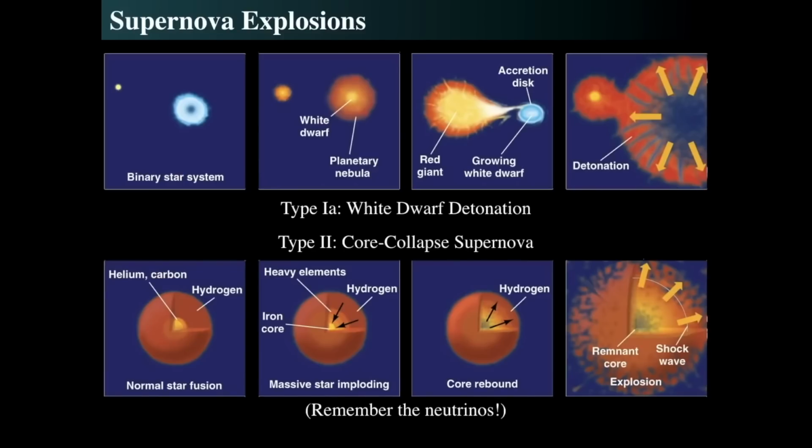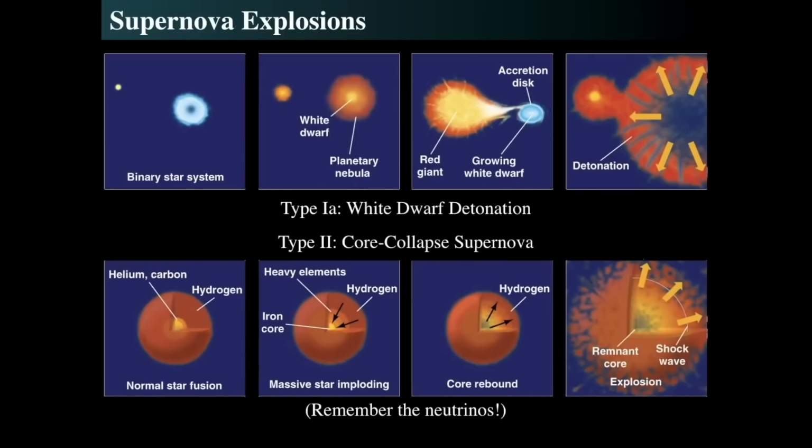One of them turns into a white dwarf in a planetary nebula, and eventually the other one evolves to become a red giant. And that then forms an accretion disk. The white dwarf grows and grows and grows in mass, and eventually it detonates and explodes. We'll compare that to a core collapse supernova, which is what we talked about previously, which is an isolated star that fuses hydrogen to helium, helium to carbon, carbon to oxygen, oxygen, neon, magnesium, silicon, and then finally iron.